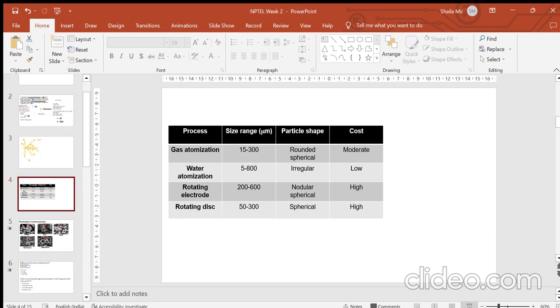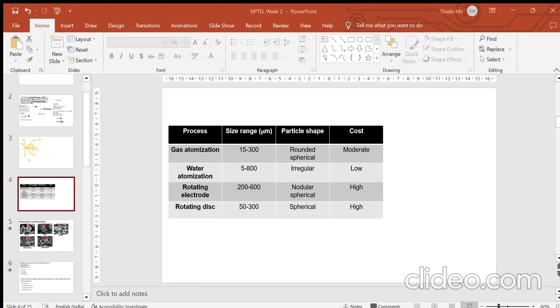So this was a question based on atomization. Now we have a categorization. For atomization, we have different types: gas atomization, water atomization, and centrifugal atomization. The centrifugal atomization in turn has two types, the rotating electrode type or the rotating disk type.